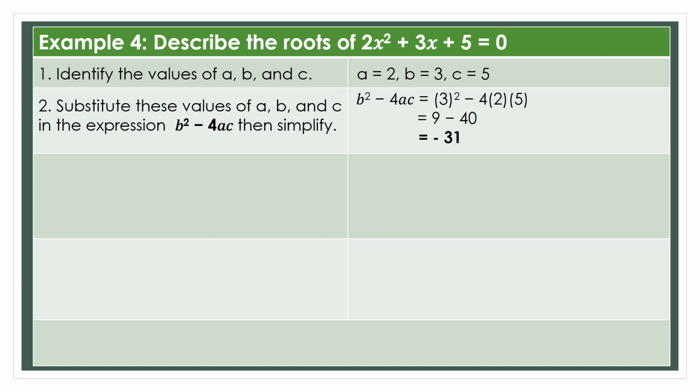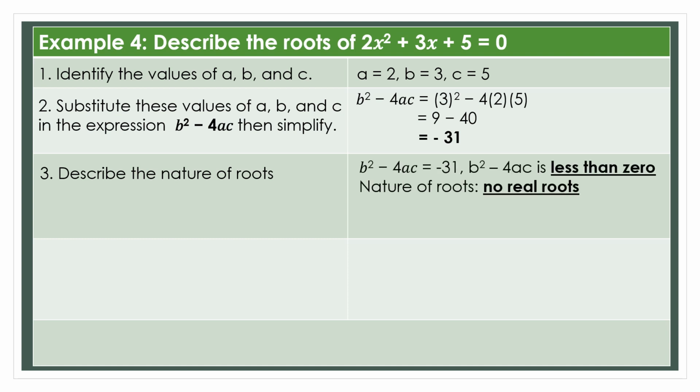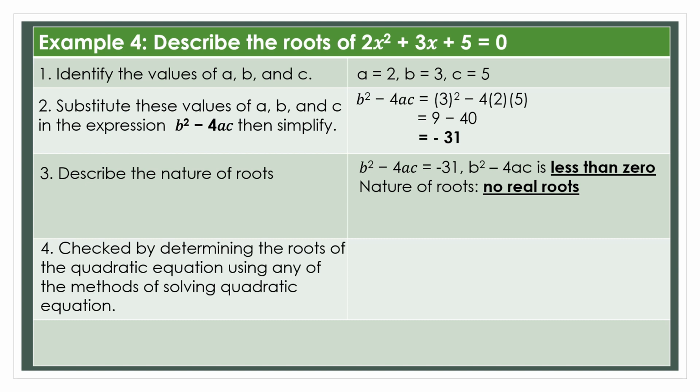We have b squared minus 4ac is equal to negative 31. The third step is to describe the nature of the roots. B squared minus 4ac is equal to negative 31, which is less than 0. Therefore, the nature of the roots is no real roots.